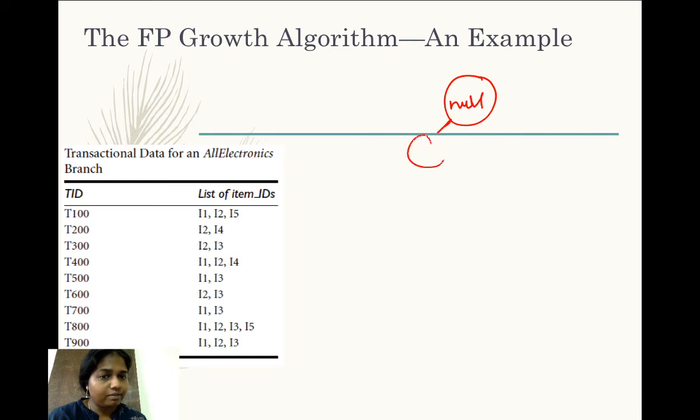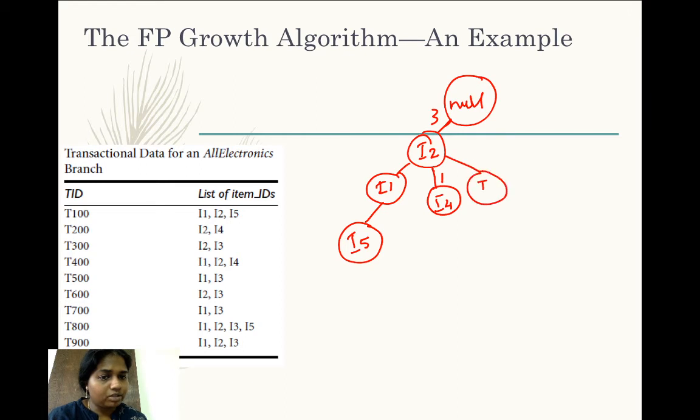I have I2 with the value 3 here, I1, I5, and to I2 I have I4, and I also have I3 value 1. All of these are going to have values 1. Now I'm going to scan my fourth transaction.